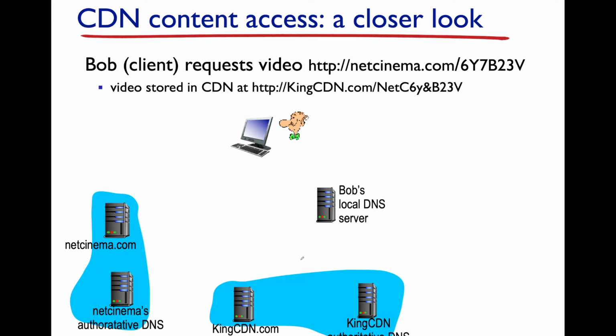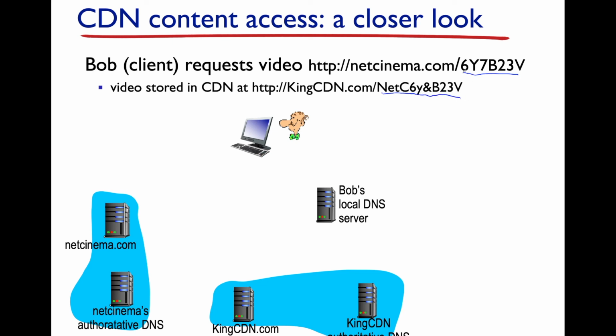Okay, so let's take a look at the access. Let's say Bob goes to netcinema.com, that's the service provider, kind of like Netflix, and fetches a particular movie or video that is identified by this hash code. Let's assume the video is physically stored in kingcontentdeliverynode.com, and this is the hash code here, netc6y ampersand b23b.